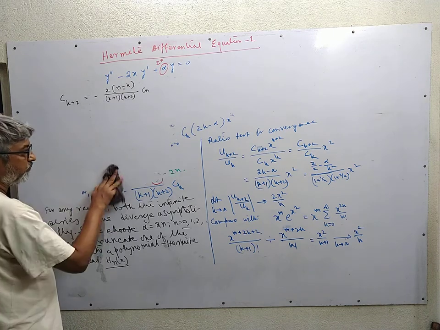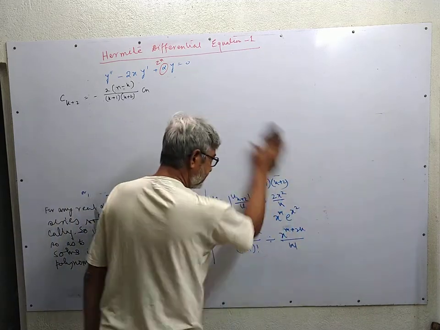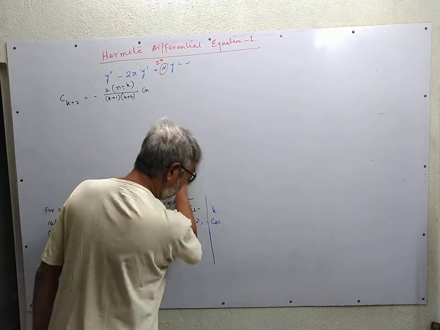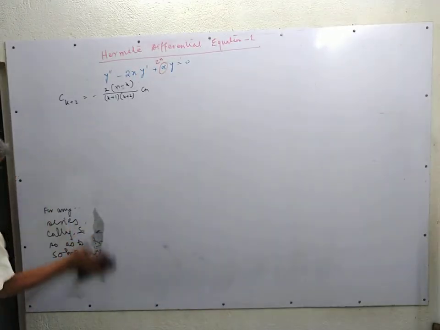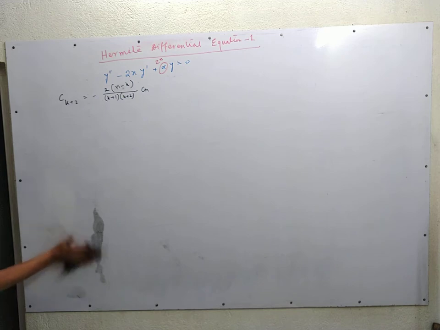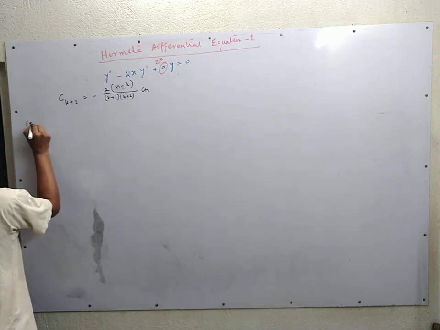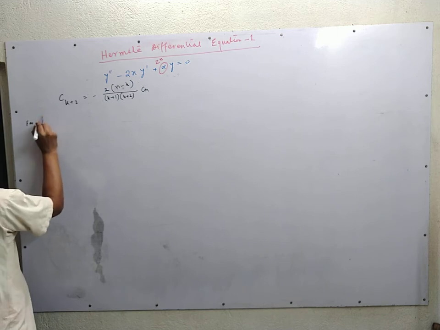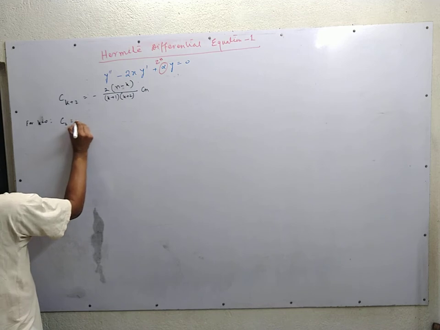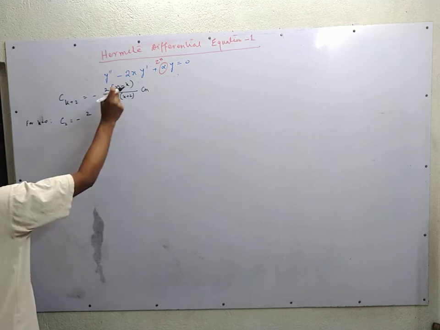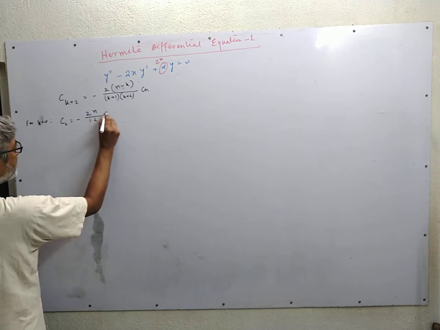Now we first try to develop the even series. The even series starts with C0, and then the next term is C2. For k equal to 0, we get C2 is equal to minus 2n by 1 into 2, C0.